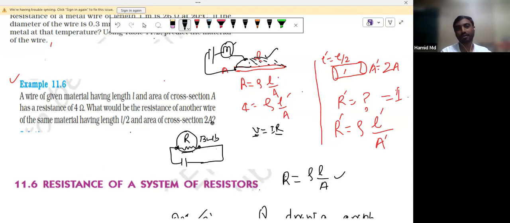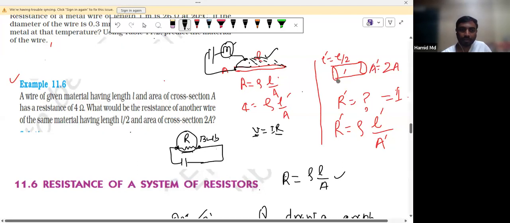Have you ever thought why it is happening? Because the big laptop charger needs more power than the phone charger. If the wire is thicker, the resistance is less. If the area of cross section is more, resistance will be less, right?